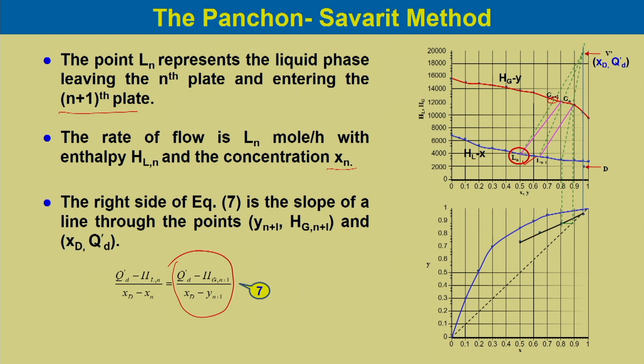The composition of the vapor phase on the enthalpy concentration diagram would be Yn plus 1, and it is passing through the point Xd and Qd dash, which is represented over here, point V dash.